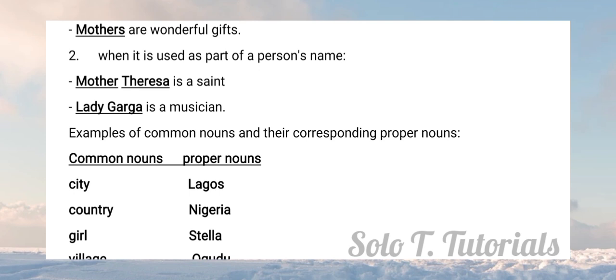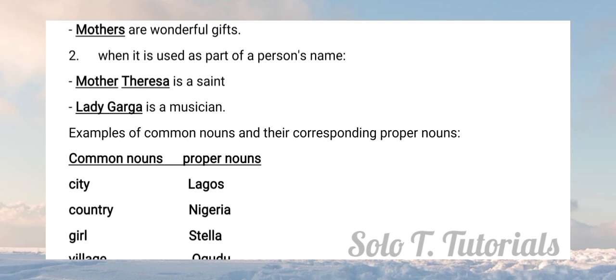Now, the examples of common nouns that I have here with their corresponding proper noun, we have one. Common nouns, we have city. And under proper noun, what is Lagos? It's a city.